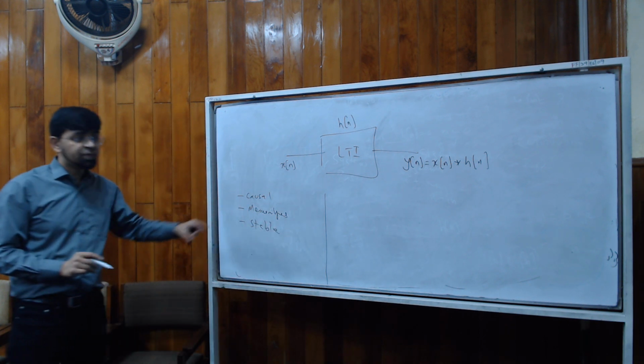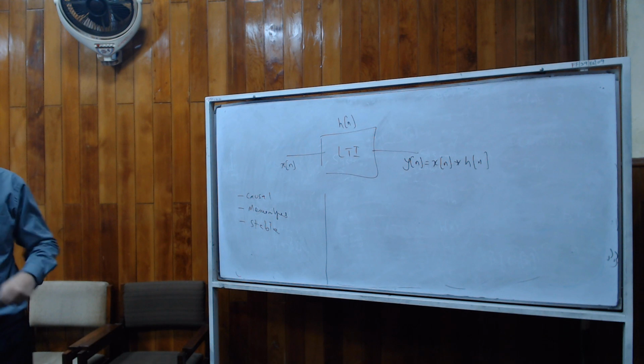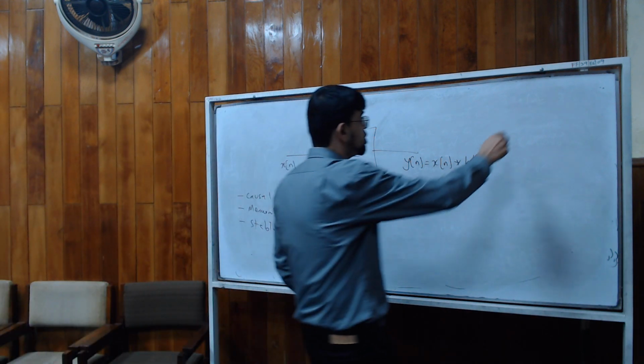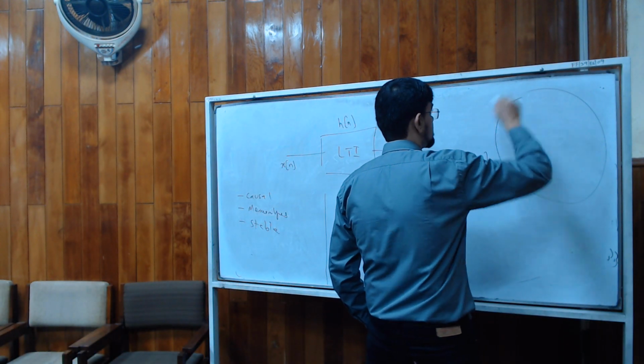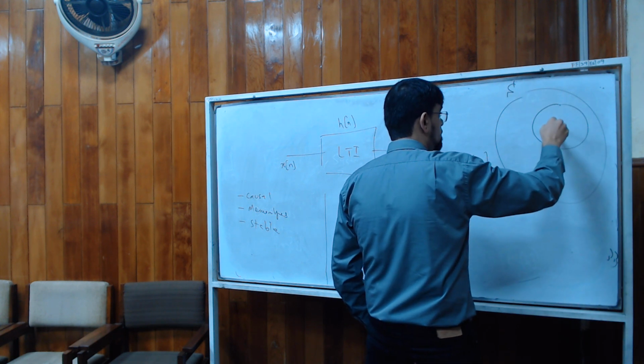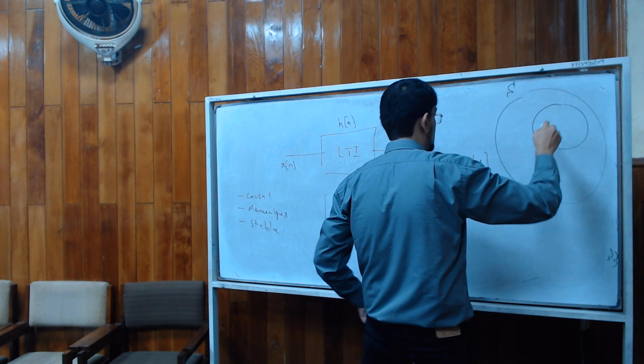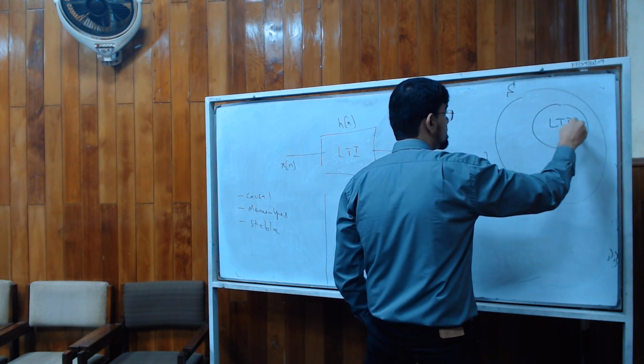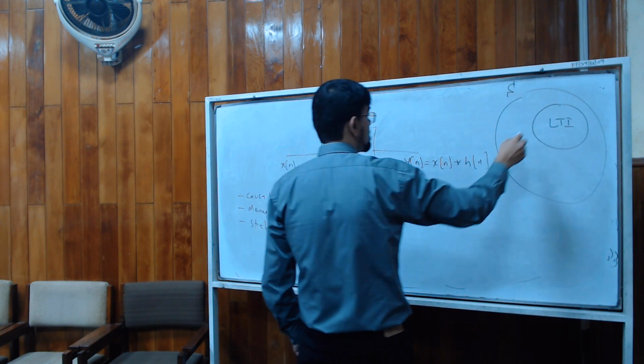We did that for general systems, not just for LTI. What we covered before was for the broad class of systems. Today we will briefly see how you can do these characterizations for LTI systems using only h[n].